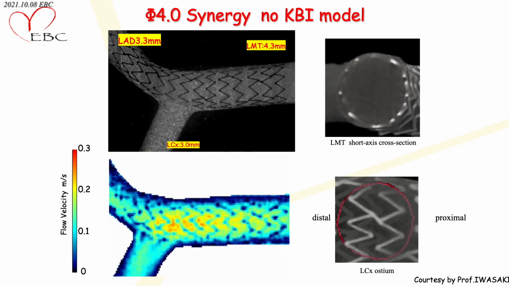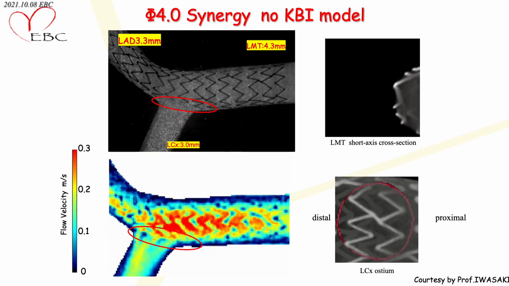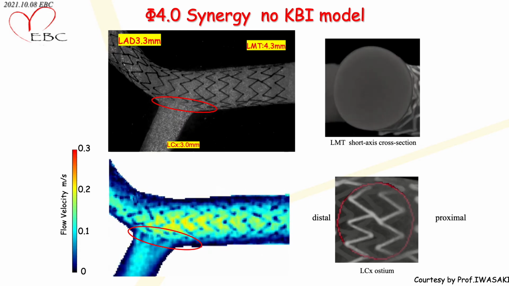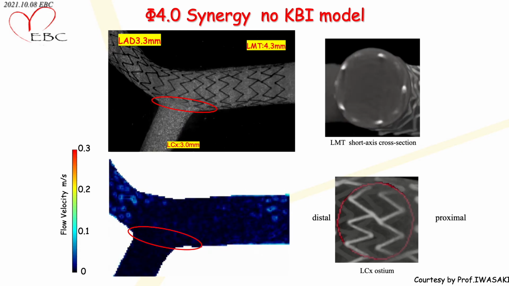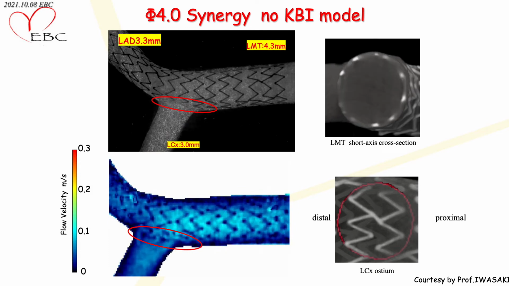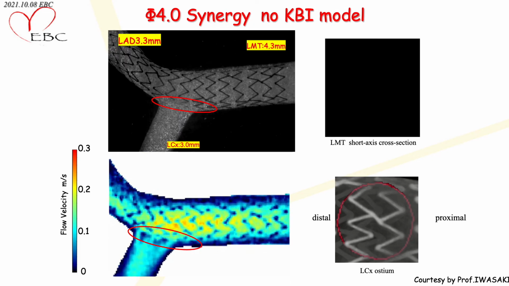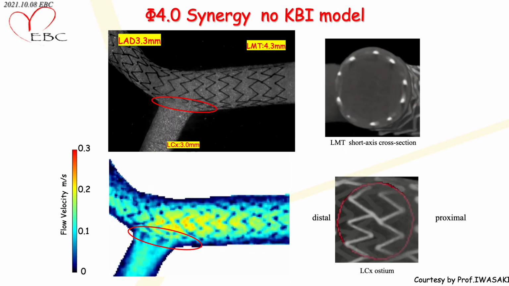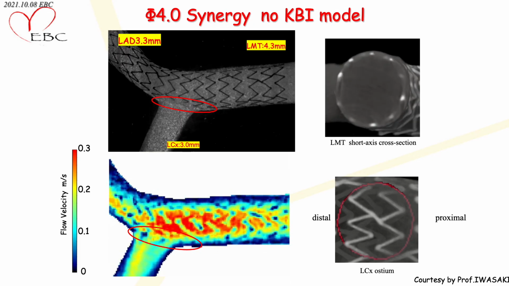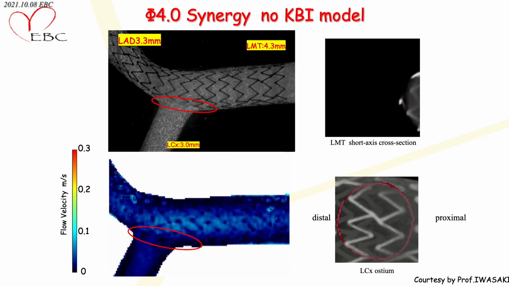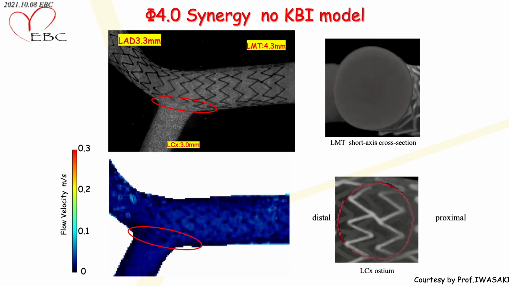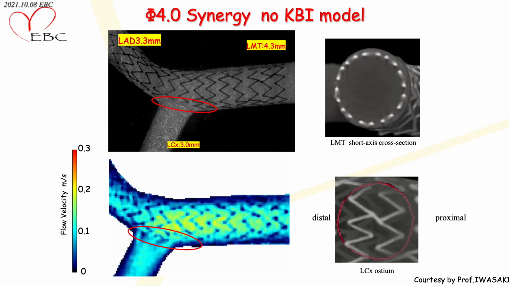On the other hand, in the jailed circumflex ostium, it is easy to see that turbulent flow and decrease of blood flow are occurring on the back of the strut as in the previous result. Let's all think, what do the results of this bench study mean?